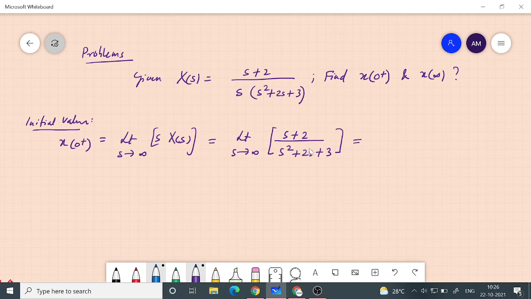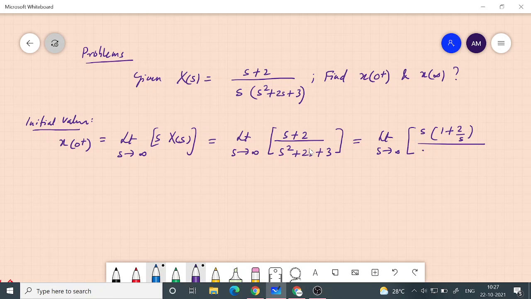Now to find the limit of s going to infinity, it is convenient to take s outside. So let me write it as limit s tends to infinity. Let's take s outside, and that will become 1 plus 2 by s.